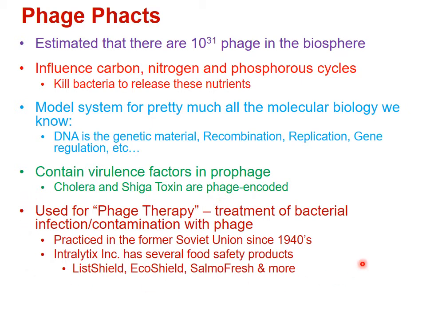And bacteriophage have been used to treat infections for, I believe, over 100 years. This has been investigated, and this term is phage therapy. Bacteriophage kill bacteria, so why not try to use them to stop bacterial infections?